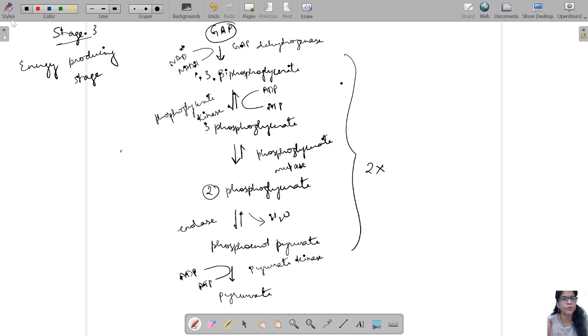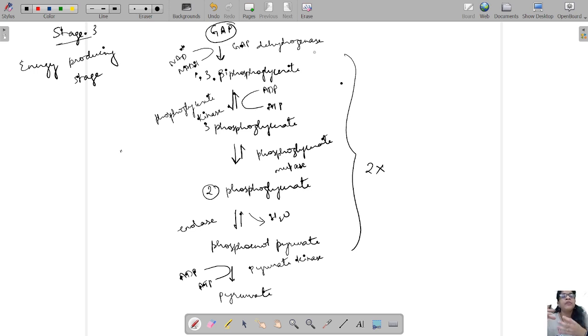Energy production would happen only in stage 3, where glyceraldehyde 3-phosphate converts itself into 1,3-bisphosphoglycerate, and here the enzyme called dehydrogenase is involved. So what is dehydrogenase? This dehydrogenase is important for oxidation and reduction reactions. What do you mean by oxidation? Removal of hydrogen atoms is what you call oxidation.